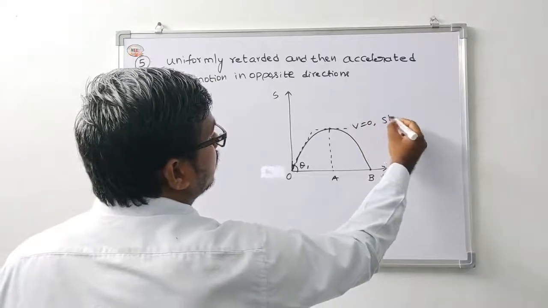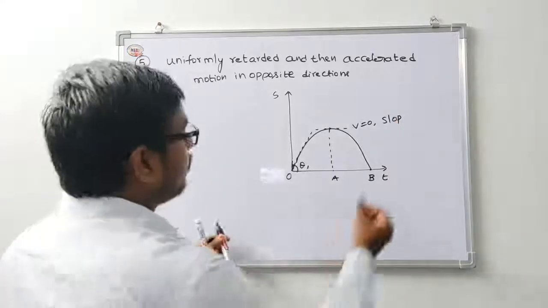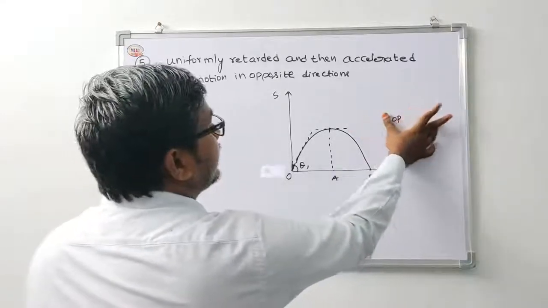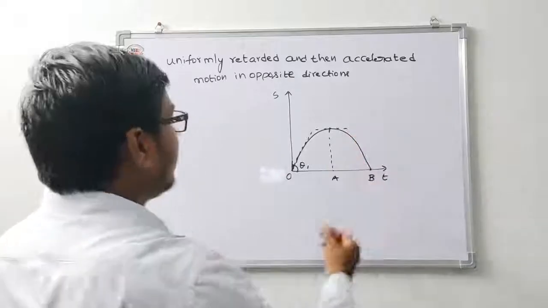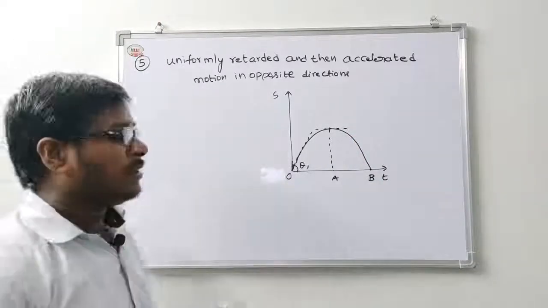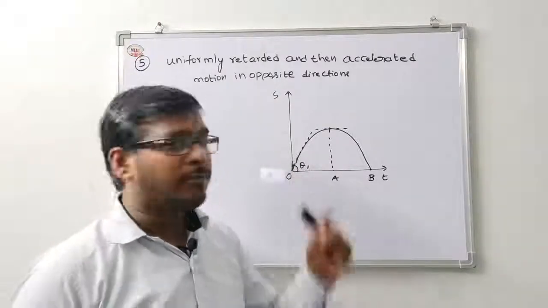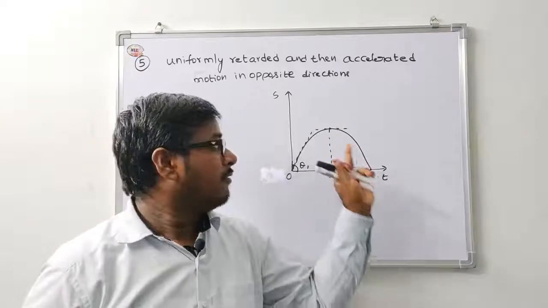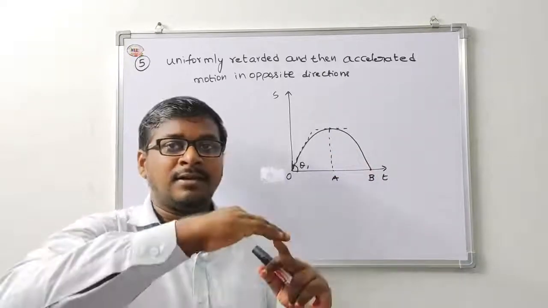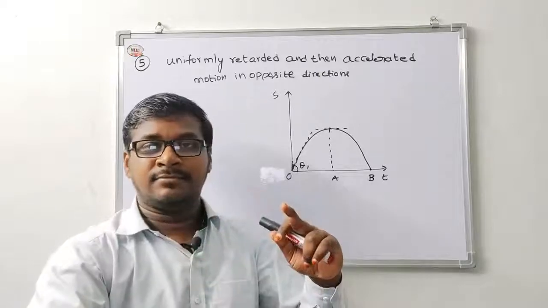Taking the slope, in the origin position a particle is projected upwards to reach a maximum height. The velocity is positive, then it is decreasing.